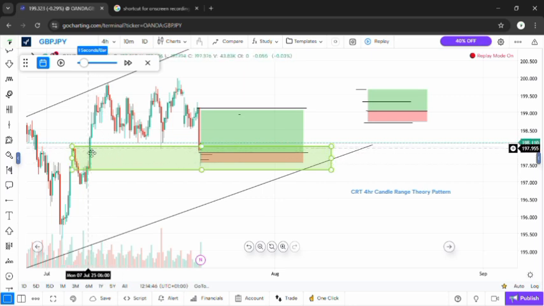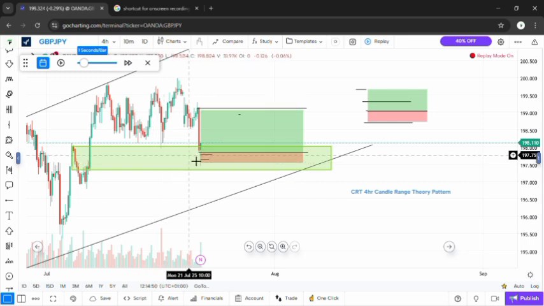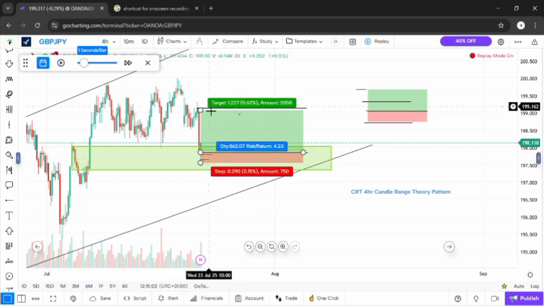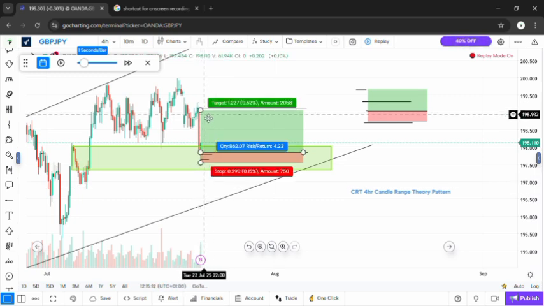When you see your CRT pattern inside a place of value, just know that it has high probability. Now, I saw this big red candle here, it started forming at 10 a.m. to 2 p.m. Then I marked out the high and the low, which is called my CRT high and my CRT low.